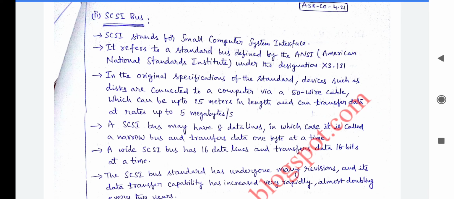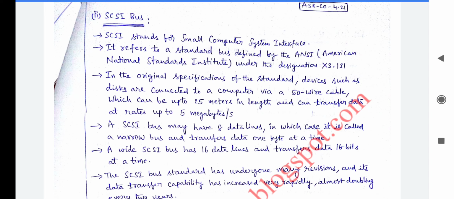In the original specification of the standard, devices such as disks are connected to a computer via a 50-wire cable, which can be up to 25 meters in length and can transfer data at a rate of up to 5 megabytes per second.